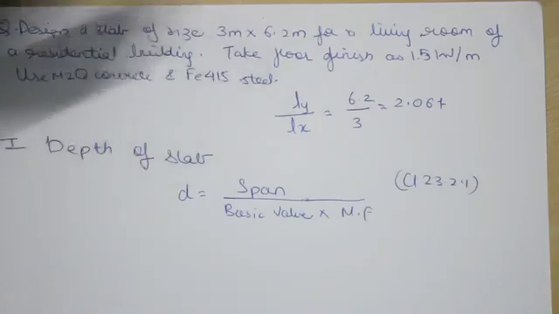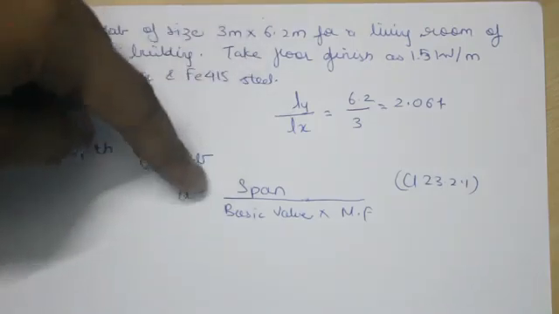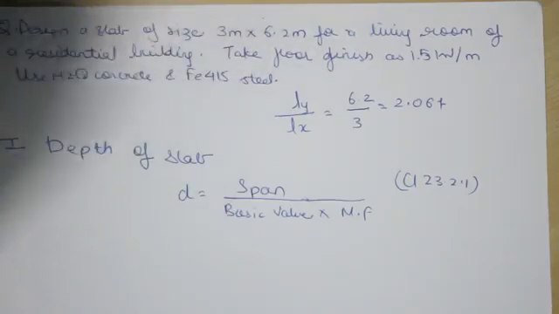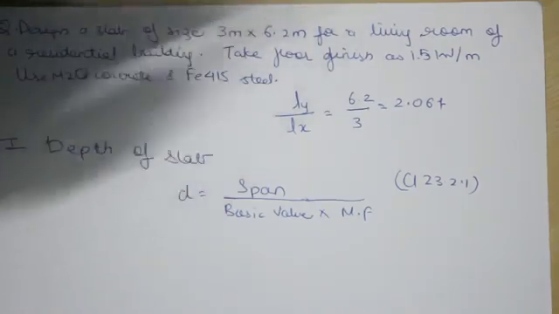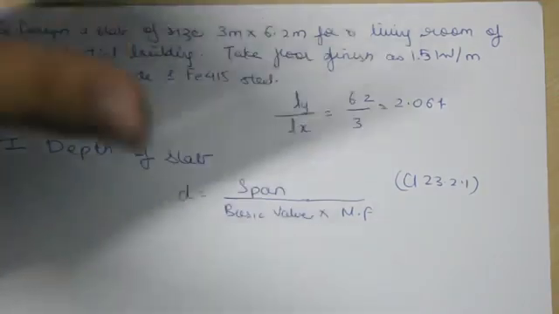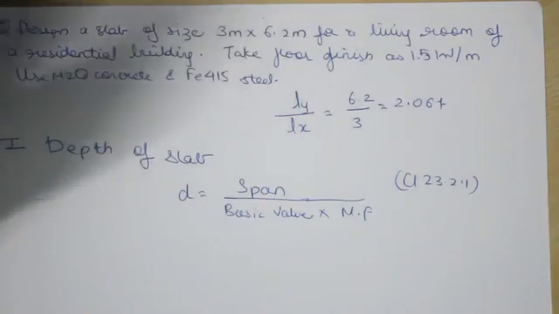There are various values for the basic values for various types of slab. There is continuous slab, there is simply supported slab, then there is cantilever slab. For cantilever slab it is 7, for simply supported slab it is 20. So ours is a simply supported slab, so we will take the basic value as 20, and the modification factor is assumed somewhere in between 1.2 to 1.5.